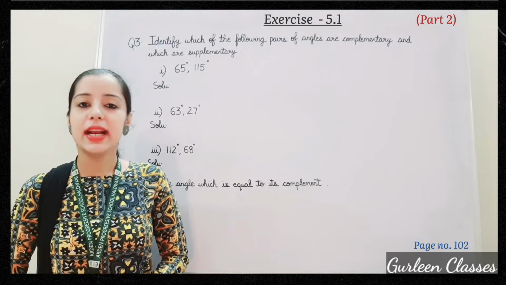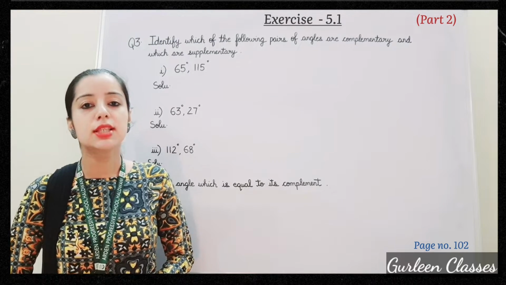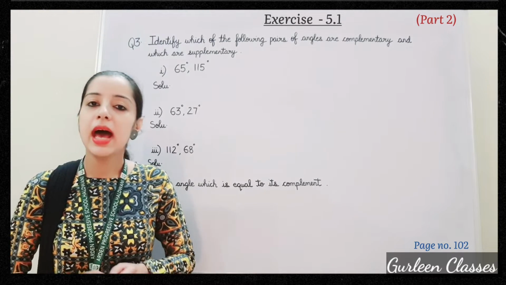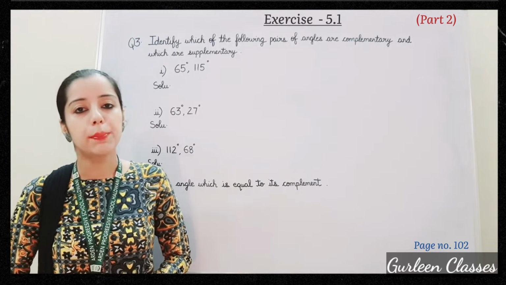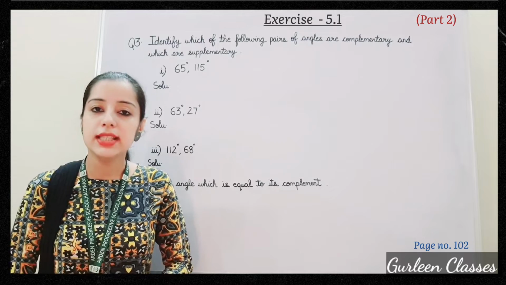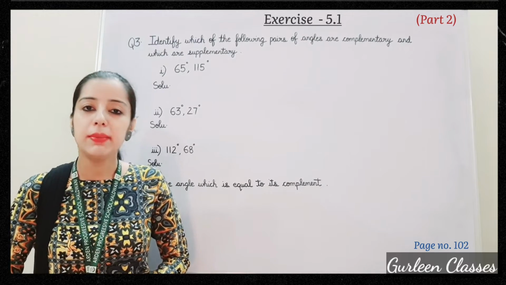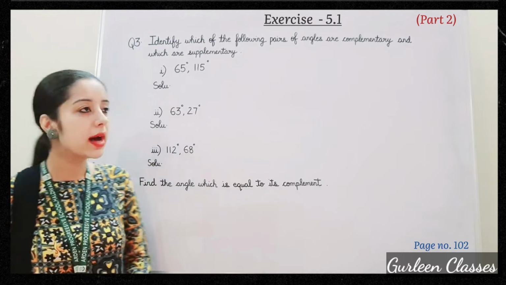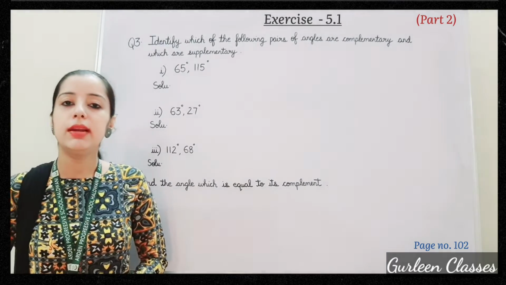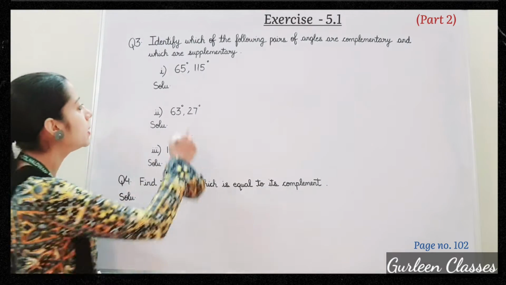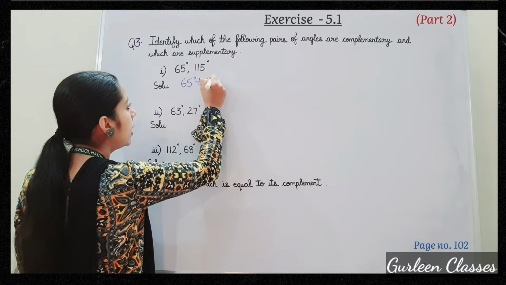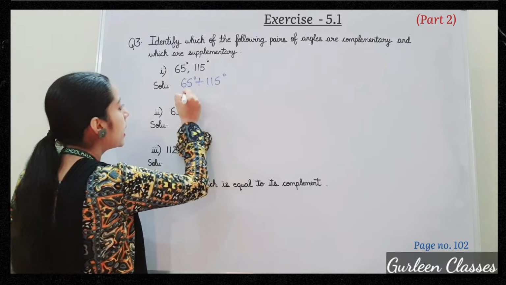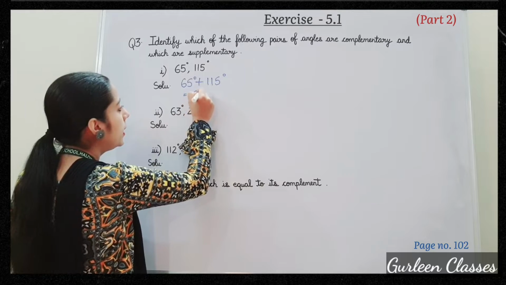Question number 3. Identify which of the following pairs of angles are complementary and which are supplementary. When the sum is 90 degrees, they are complementary angles, and when the sum is 180 degrees, they are supplementary angles. First part, 65 degrees, 115 degrees. Let us find the sum. 65 degrees plus 115 degrees is equal to 180 degrees.